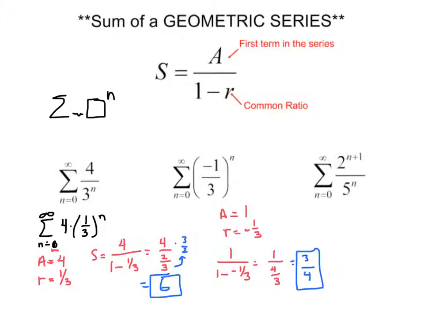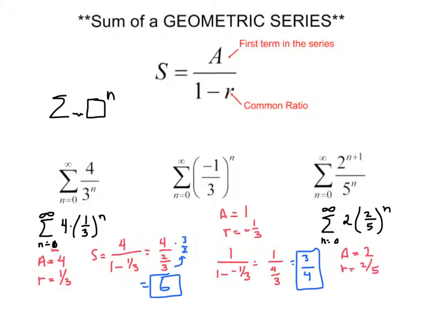So in this last example, I know we've worked with this one before, so let me get it rewritten in the form where it looks nice and geometric. Starting again at 0, and you always want to pay attention to make sure it is starting at 0. 2 times anything to the 0, so the first term is 2. Common ratio is 2/5.